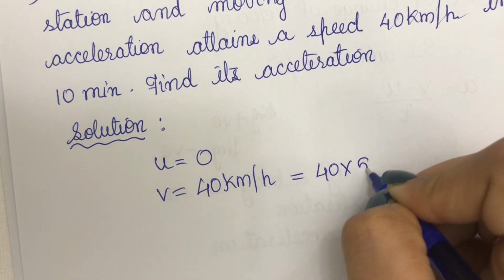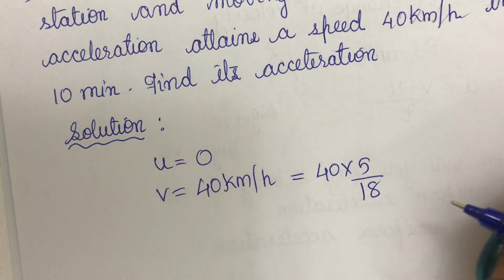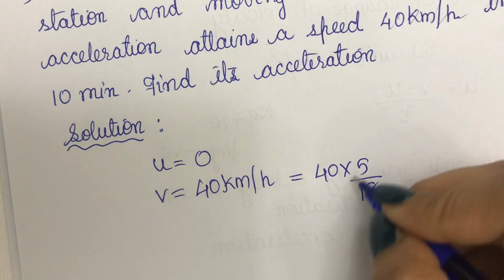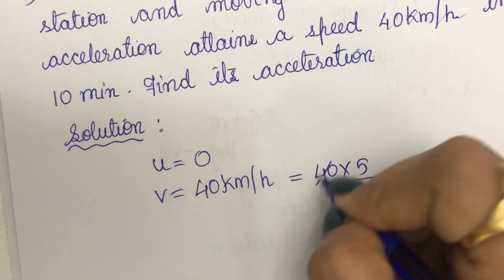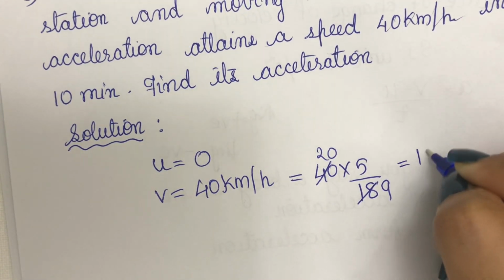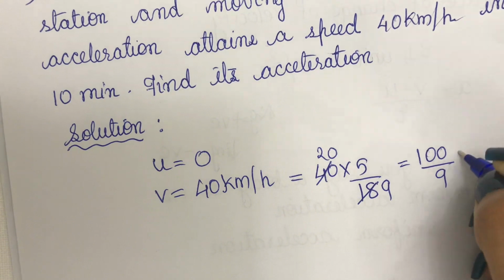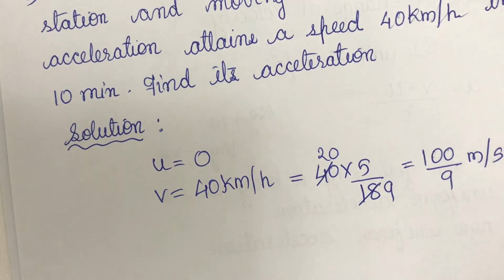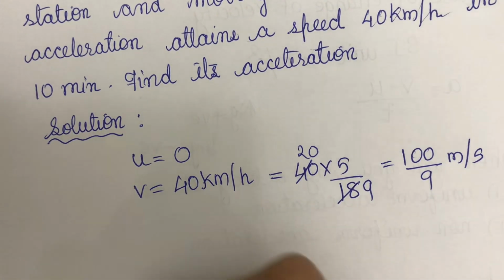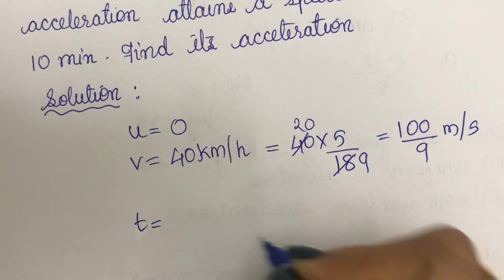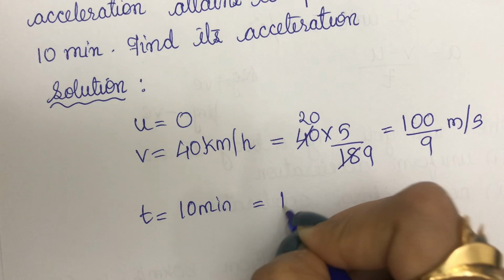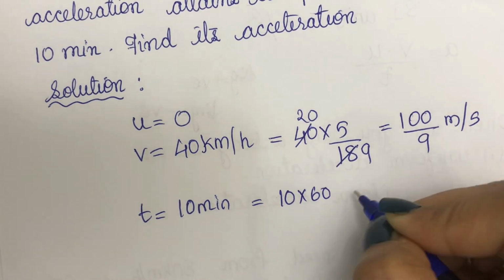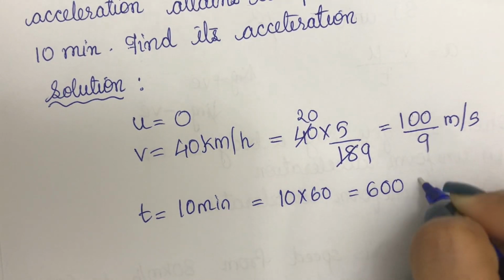40 into 5 by 18, which is equal to 100 by 9 meter per second, right? And the time given is 10 minutes. 10 minutes is 10 into 60 seconds, that is 600 seconds.